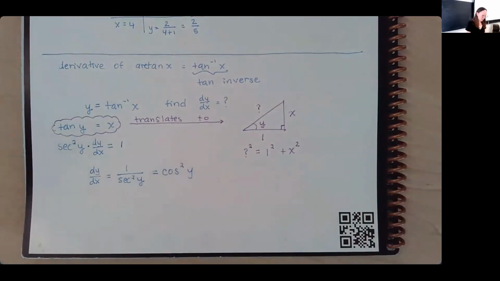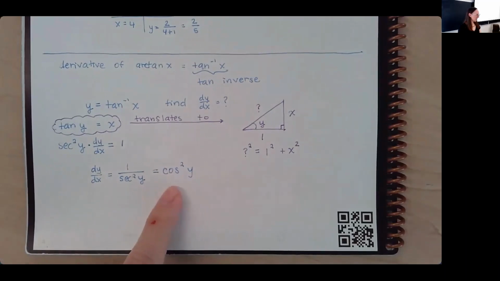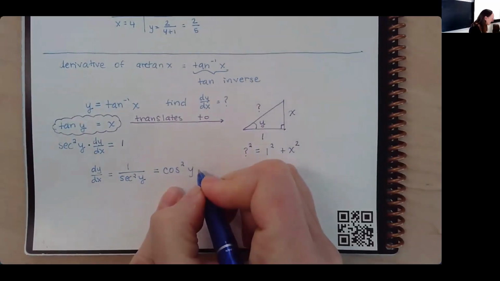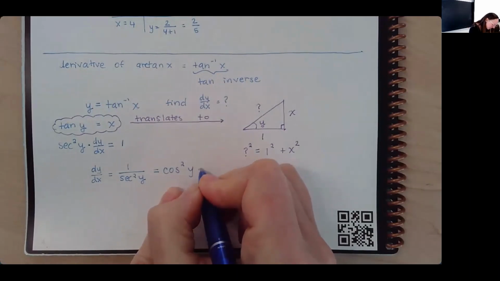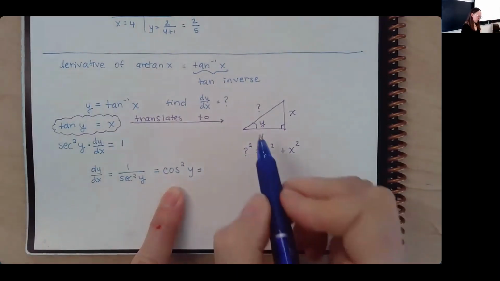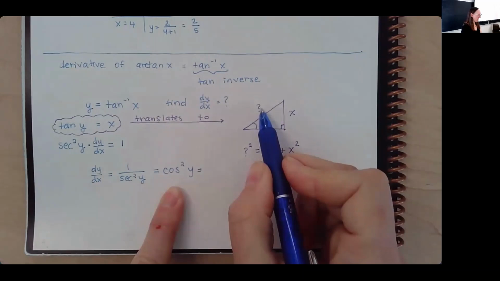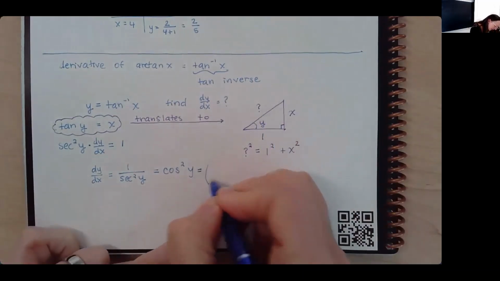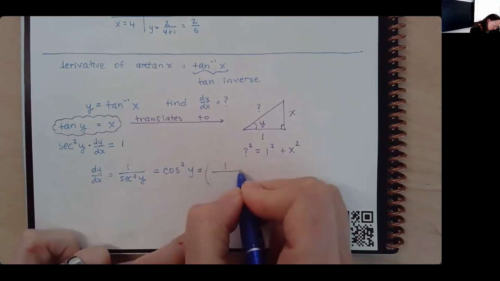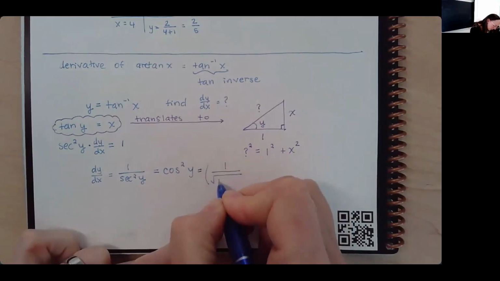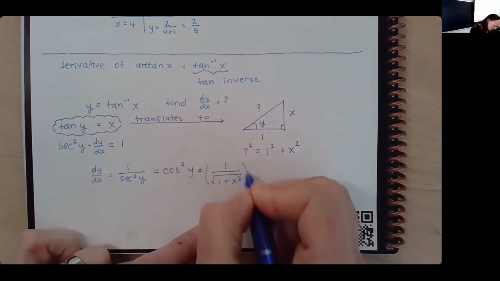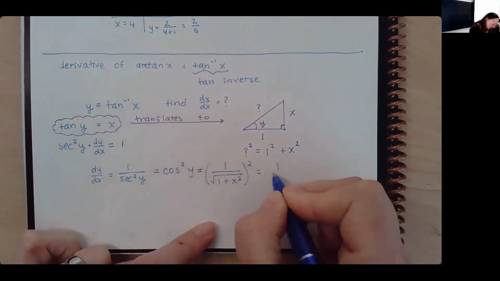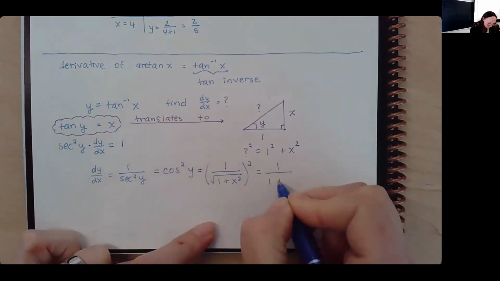I'm not going to bother with the square root because I don't need it, because I need to know what cosine of y squared is. Cosine is the adjacent side over the hypotenuse. So technically my cosine part would look like 1 over the square root of 1 plus x squared, but I'm squaring that. So I would get 1 over 1 plus x squared.